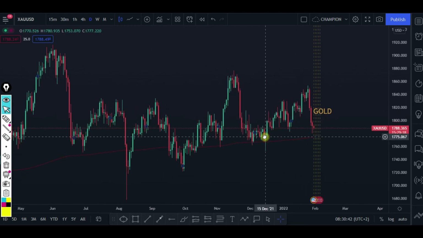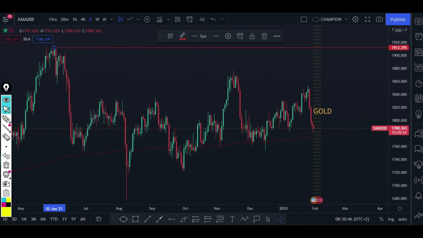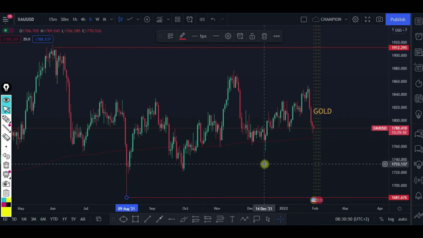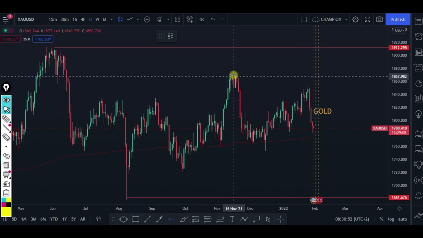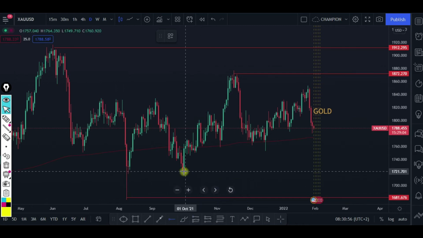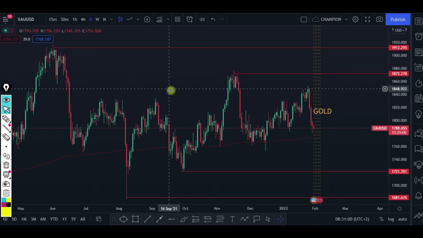Let me show you the highest point here and our lowest point on gold. Let me try to make it simple for you guys to see the lowest and the highest points, the turning points, so that we can tell where the market is going.